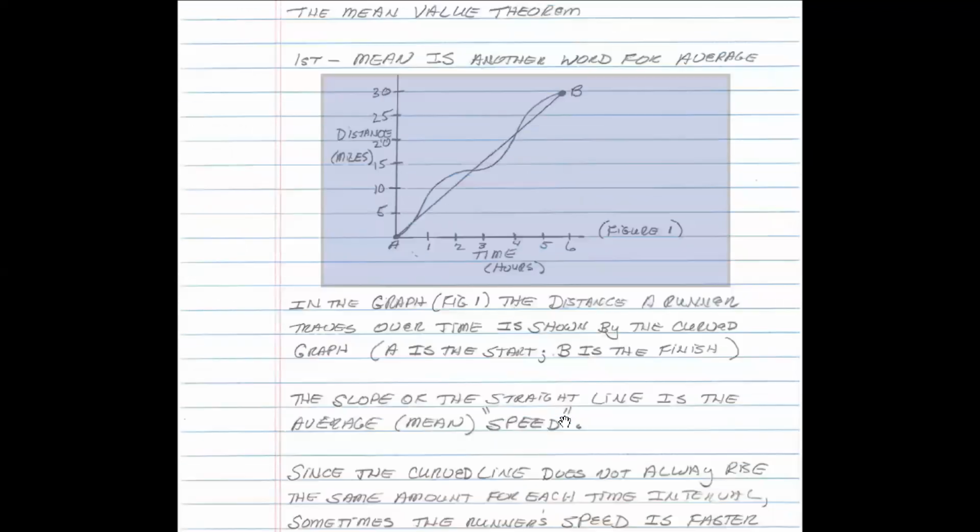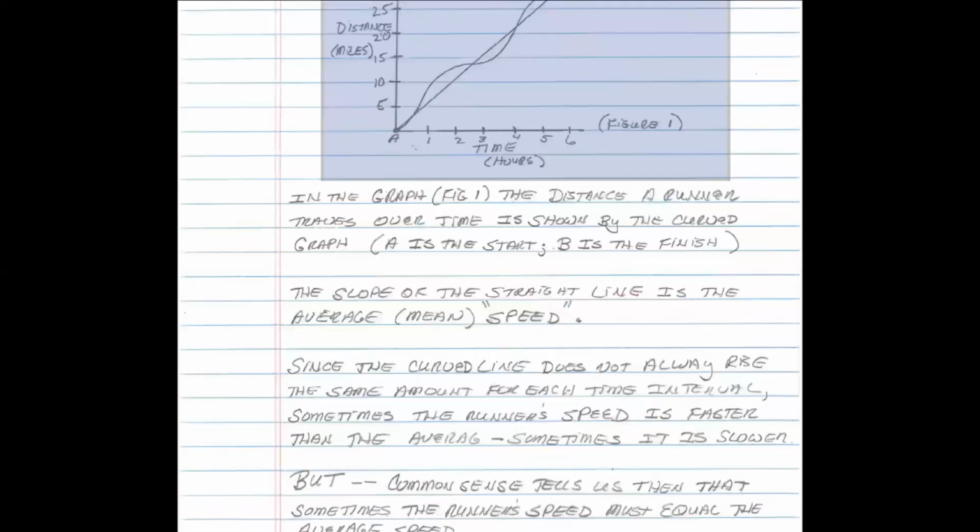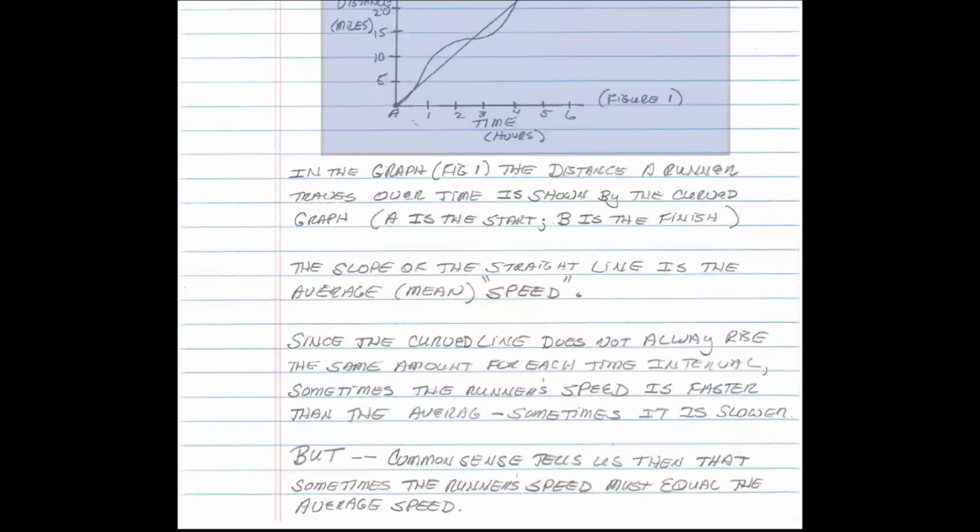If the straight line represents 5 miles per hour, then any tangent to the graph that's parallel to this means at that instant the runner was going 5 miles per hour. And that, in a nutshell, is what the mean value theorem is all about.